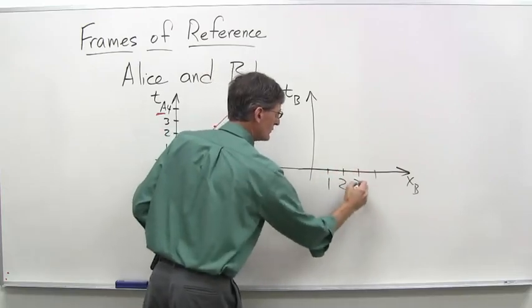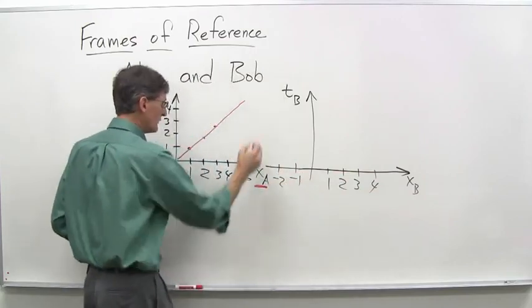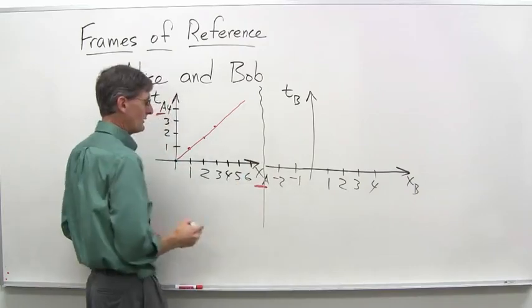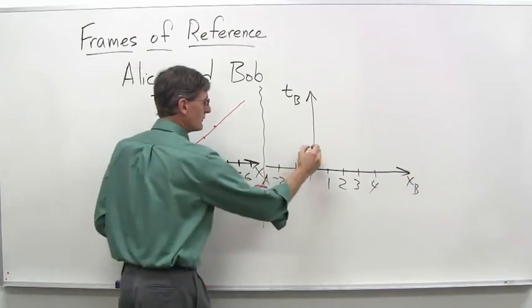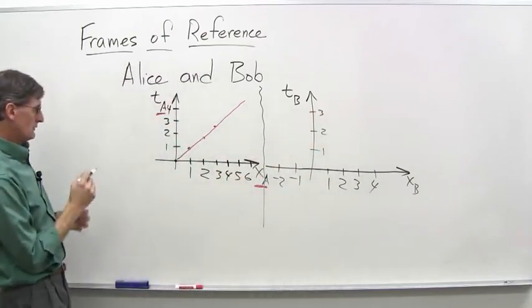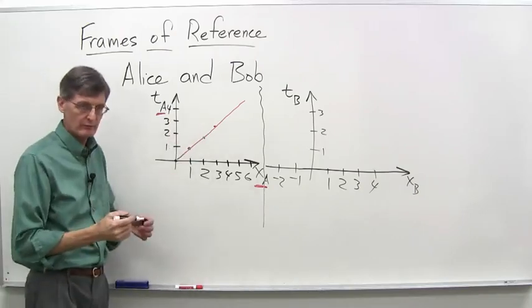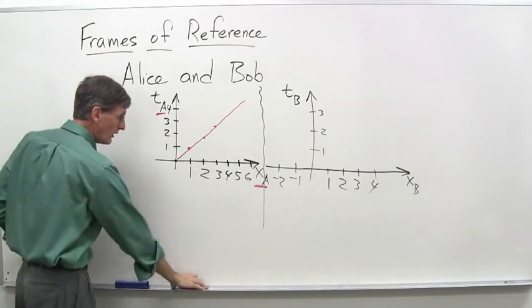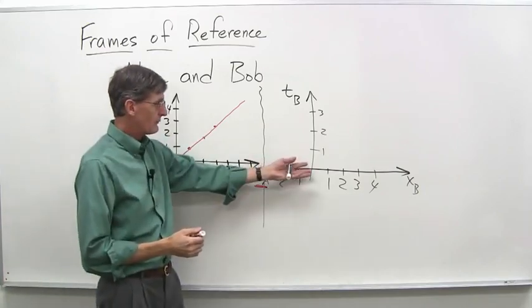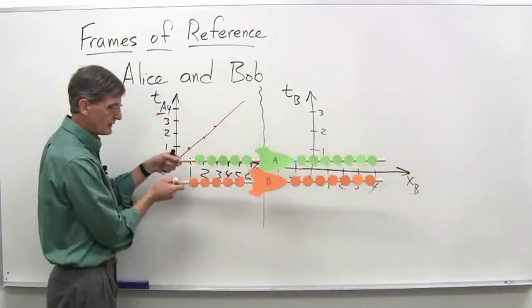All right, 1, 2, 3, 4, -1, -2, and now we're running into Alice's plot there. And then the time again, 1, 2, 3, well, more or less. You see I've got different scales here, but we'll assume it's the same. Doesn't really matter for our point here, because we're plotting Bob's perspective.